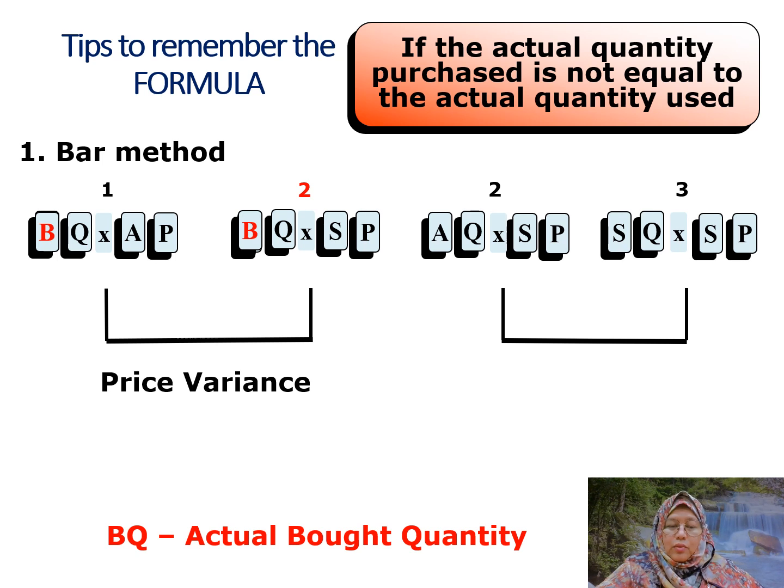So for price variance, you have to compare the first group with the second group. That is BQ times AP minus BQ times SP. For quantity variance, compare AQ times SP minus SQ times SP.